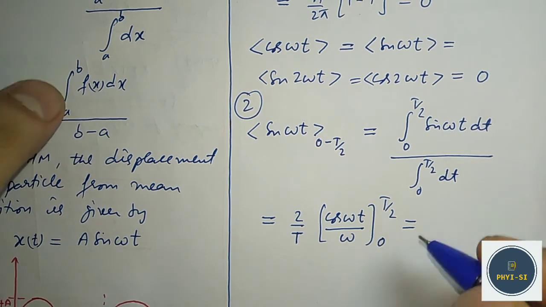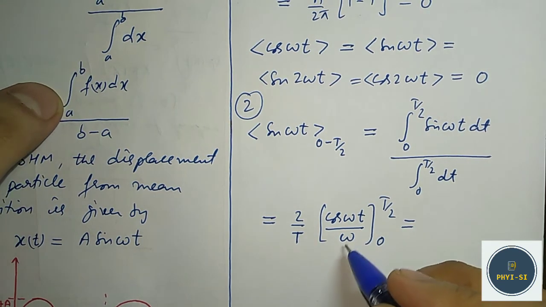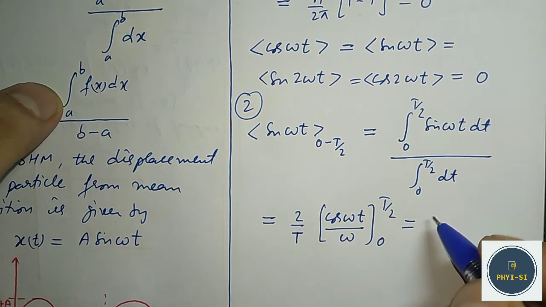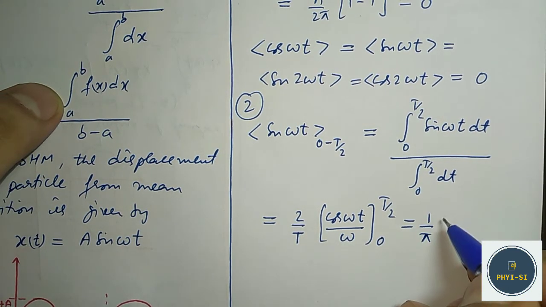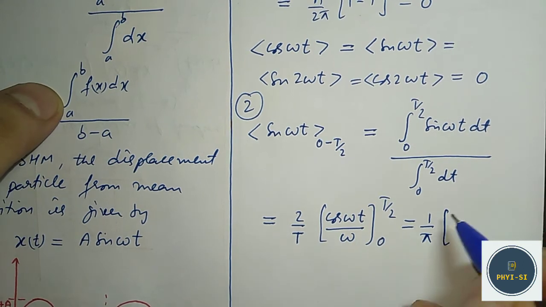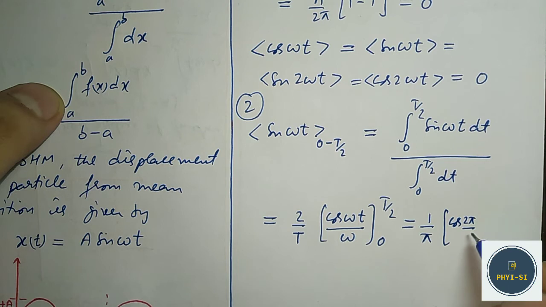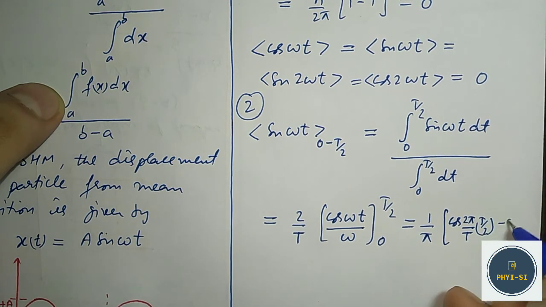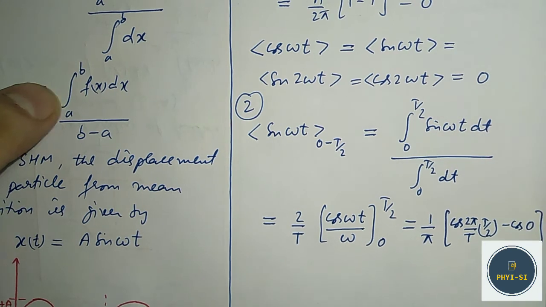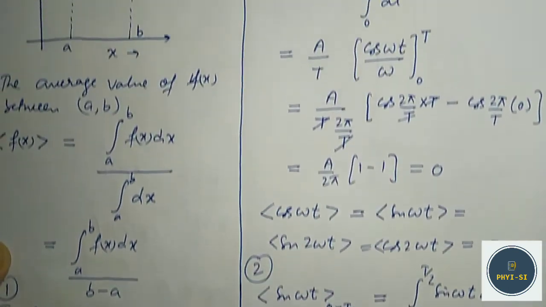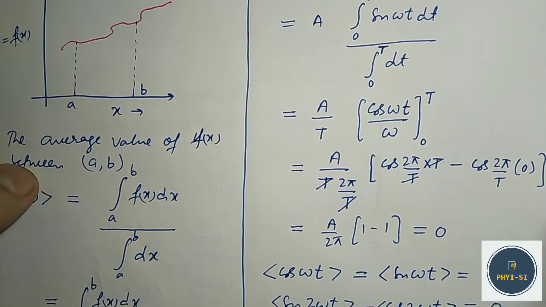So here we have 2 pi by T, and T cancels out, and 2 and 2 cancel out, it becomes 1 by pi, and we have cos of 2 pi by capital T into T by 2 minus cos of 0. I'm sorry, I made a mistake.